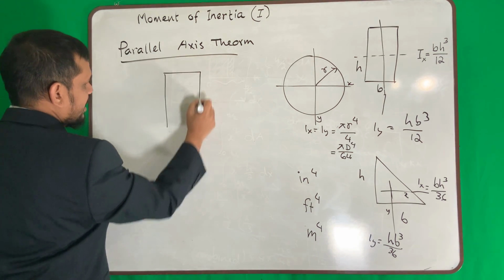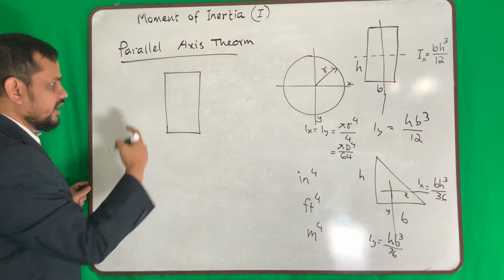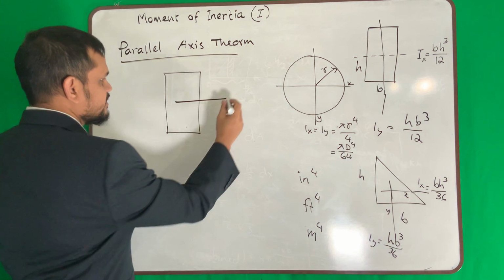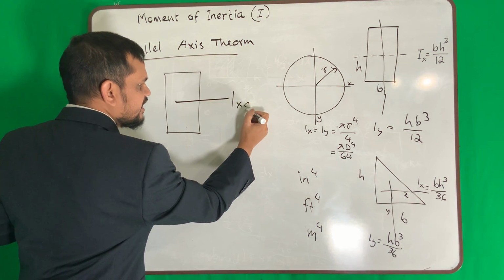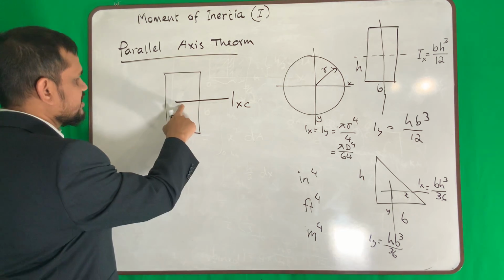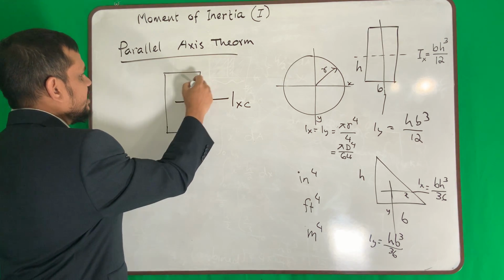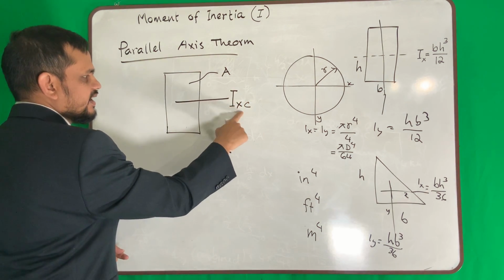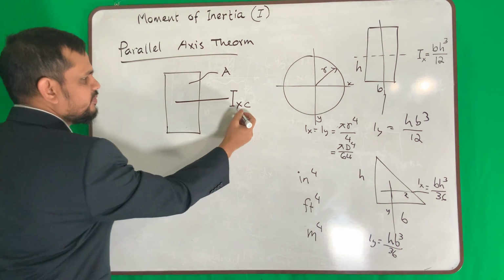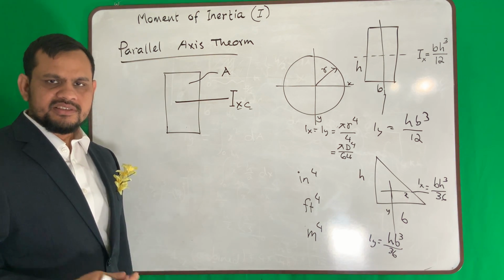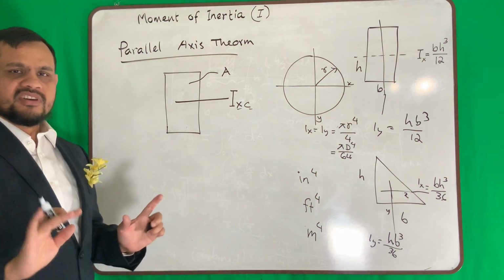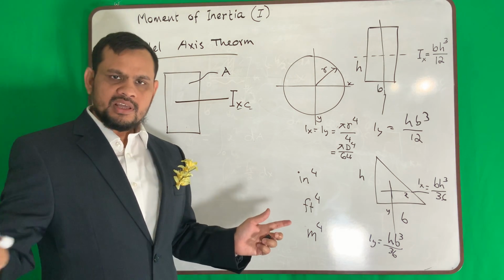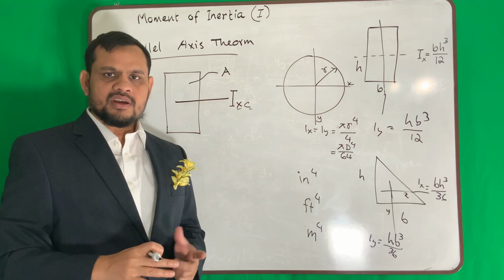Say I have a rectangular section, and I know my moment of inertia about the centroid, Ixc, where c means centroid, this is a central axis, and the area is A. These symbols, you can use your own symbol as long as you know what it is. There is no universal symbol for this; I'm just using whatever is in our book and whatever the FE exam uses.